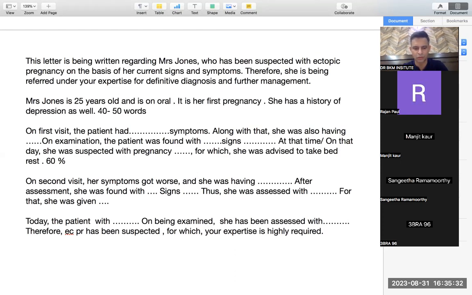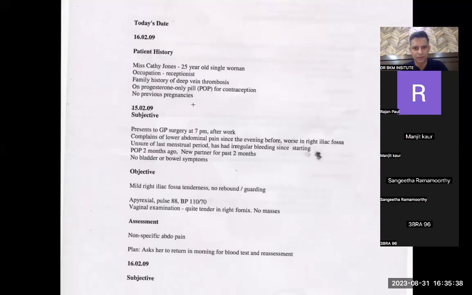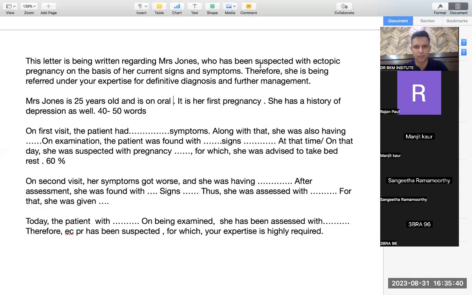Whatever word is given there, oral POP, progesterone only pill. So I'm just using the same words, oral POP for contraception. Exactly the same words. That is how simple, just following the pattern. You will see how easy it is.